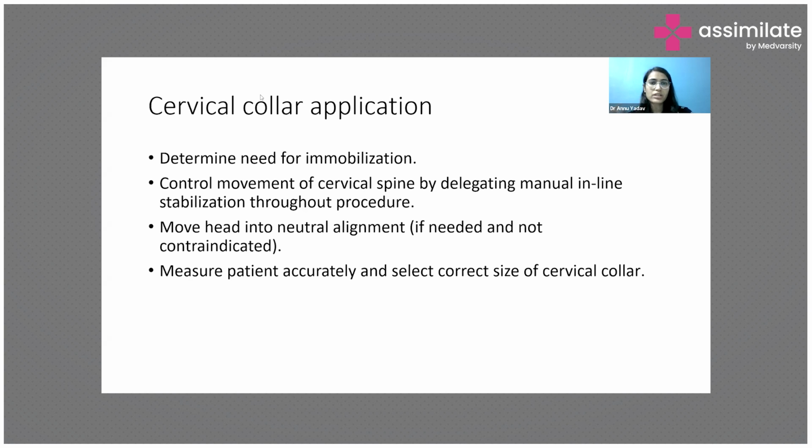Basically, we can put our hands on the trapezius side, and we can hold from the spine of the scapula. With these two hands, we can support the ear side. By this, we can even lift in a manual inline stabilization fashion.